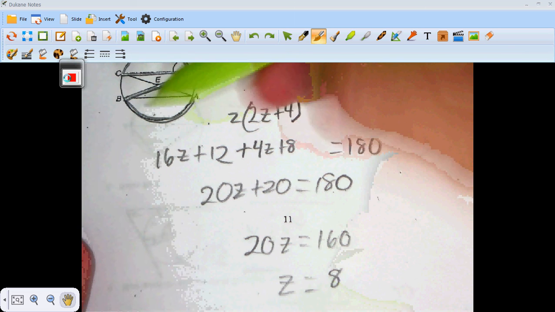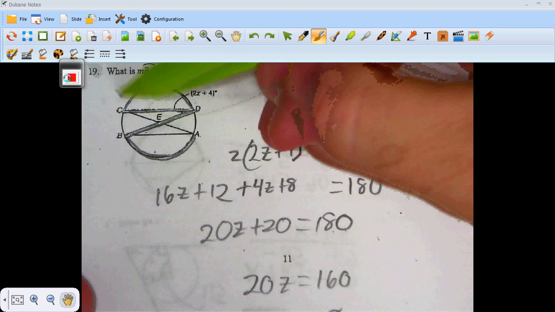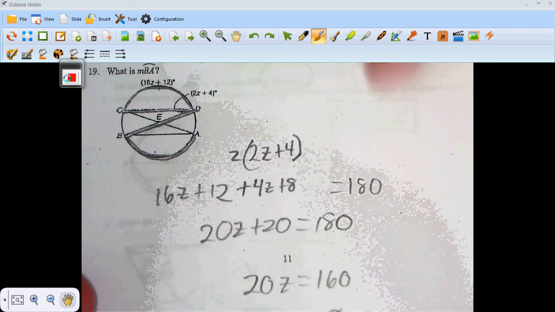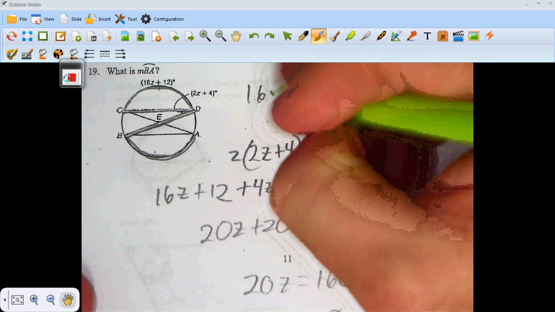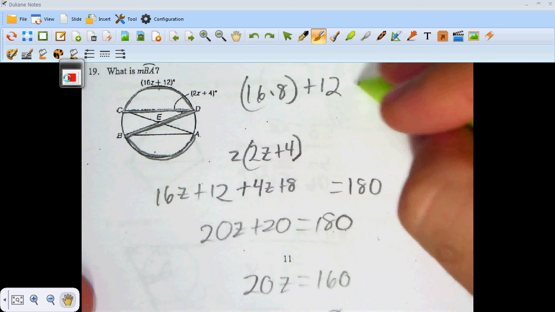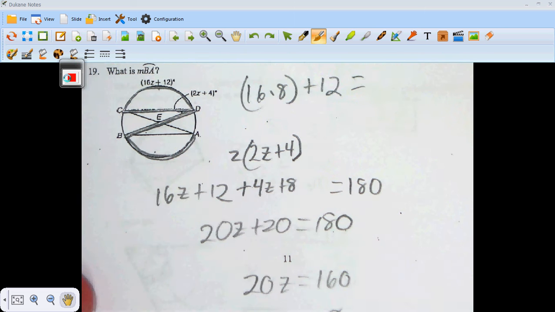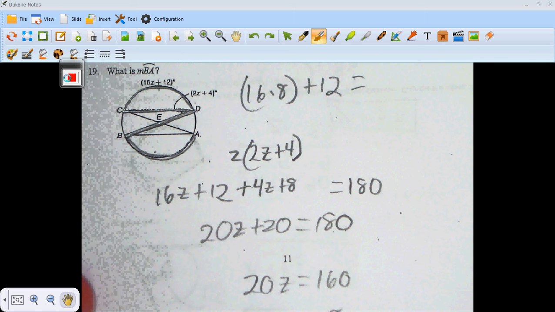Since I know that BA is equal to CD, I'm going to take 16 times 8 plus 12. And what do I get? Quickly. 140.